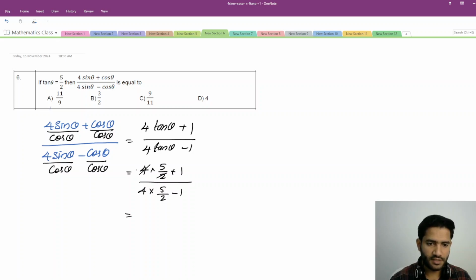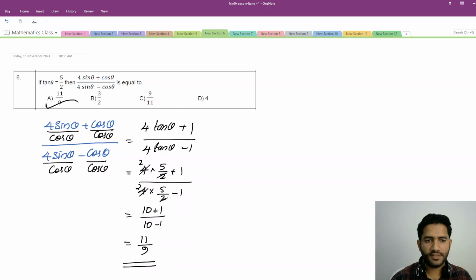We can cancel 4 and 2 to get 2, so 10 plus 1 by 10 minus 1, which is 11 by 9. That is only related to tan theta is equal to sine theta by cos theta.